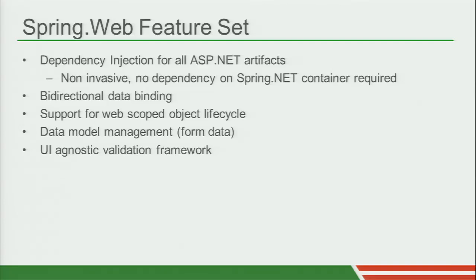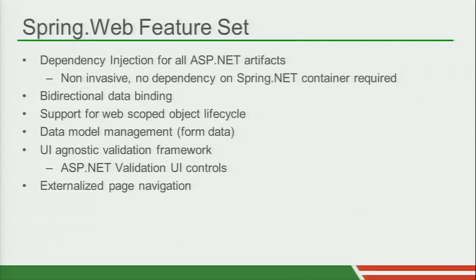So we can use that framework in order to do data validation and so on, independent of the UI choice. We have hooks that basically take ASP.NET UI controls and wire them up to use our validation framework. So it's possible to say, here's a standard ASP.NET text box, and the validator for this wants to be some kind of validator that we've provided out of the box or that you've written as an extension.